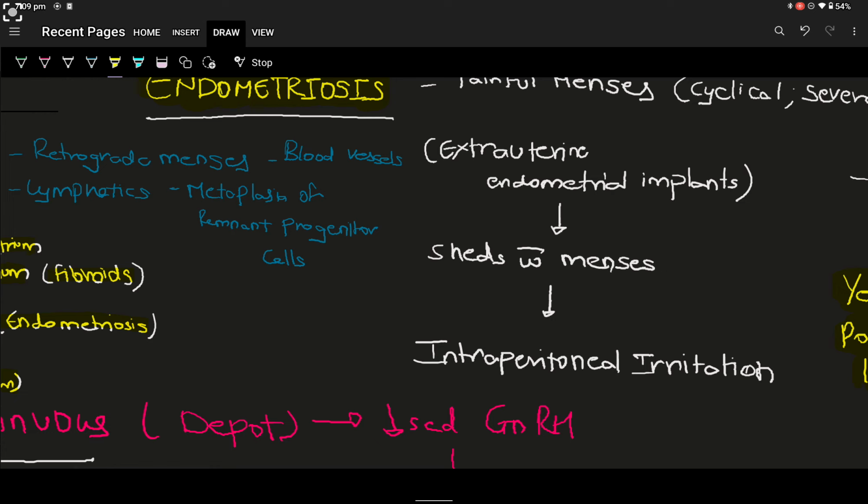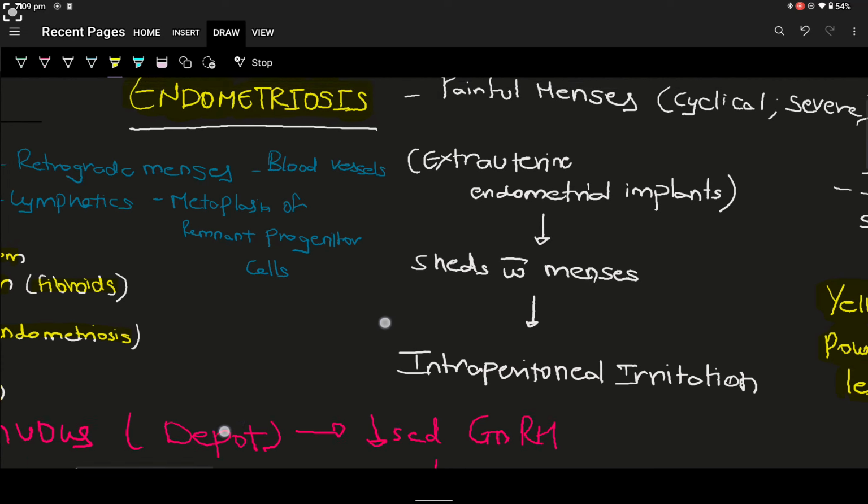If the implants are found on the peritoneal layer, then while the endometrial lining sheds during menstruation, it could lead to intraperitoneal irritation and hence painful menses.